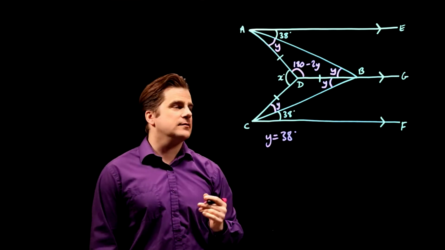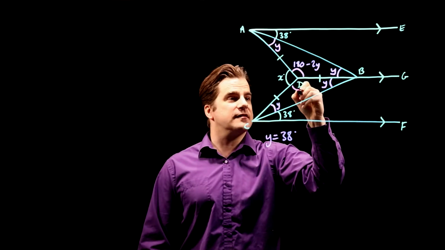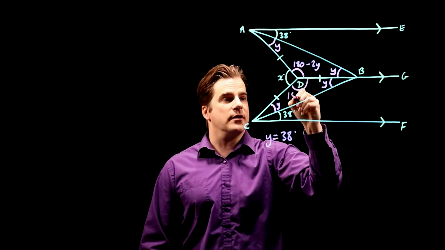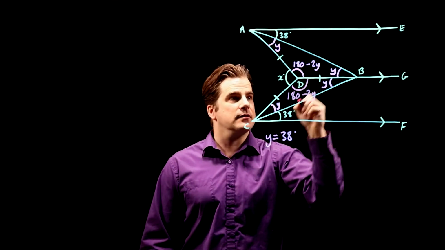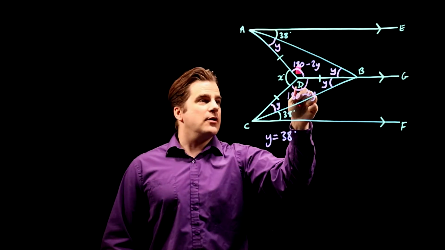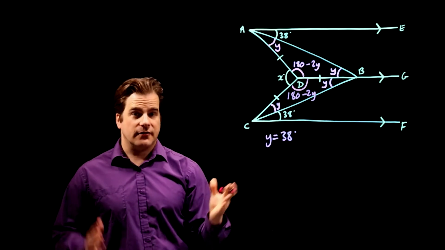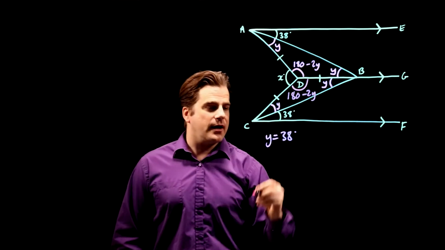Okay, that's brilliant. So we now know that angle, and we also know this one because it's the same as that one. That's also 180 minus 2y. So we've done it. We know that, therefore we know X, because the angles in a circle add up to 360. Fantastic. Okay, let's work it out.